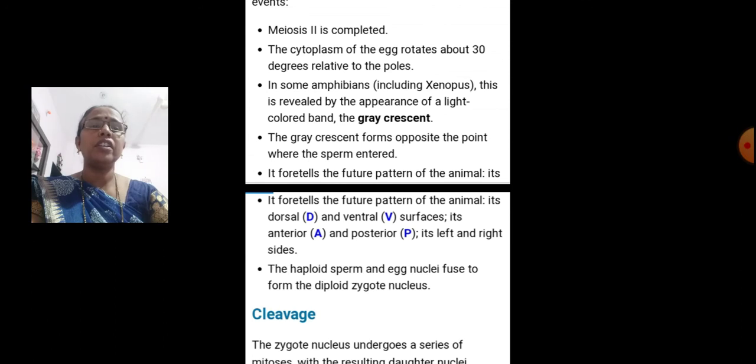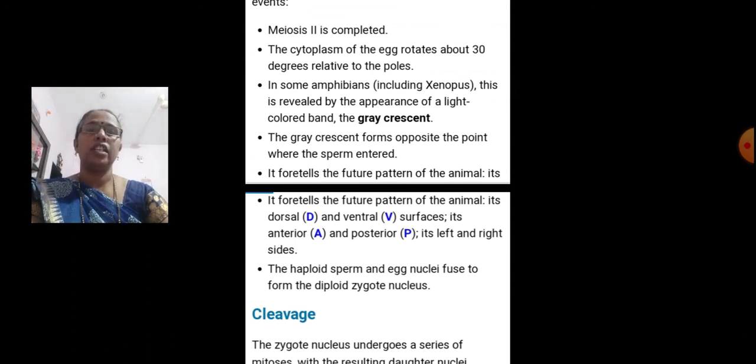The haploid sperm and egg nuclei fuse to form the diploid zygote nucleus. Thus fertilization means the union of male gamete and female gamete, forming the zygote. When the sperm is haploid and the egg is haploid, they fuse together and form the diploid zygote nucleus.